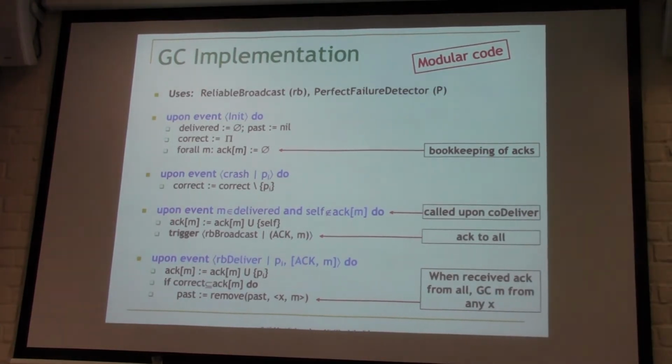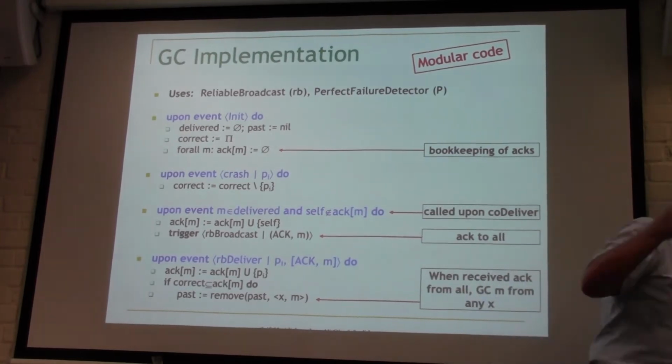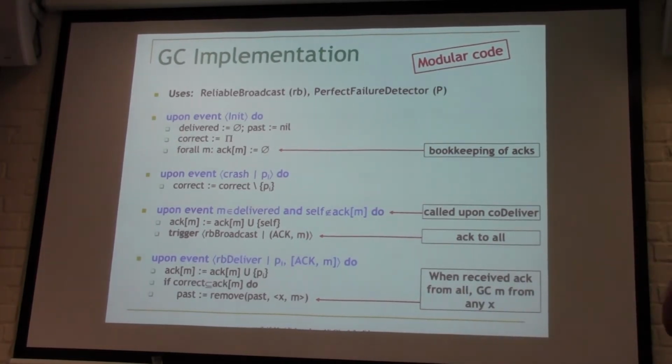So you remember what the eventually perfect one does compared to perfect? It can make mistakes for a certain time, but then eventually it doesn't make mistakes anymore. Is that okay here? What happens if there's a mistake?